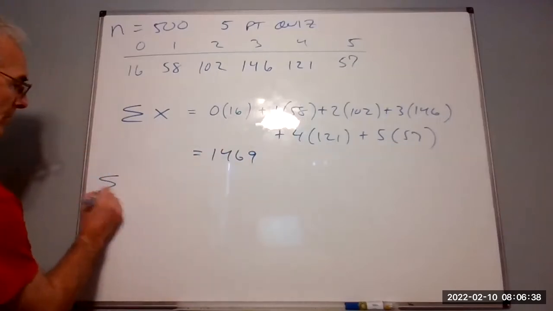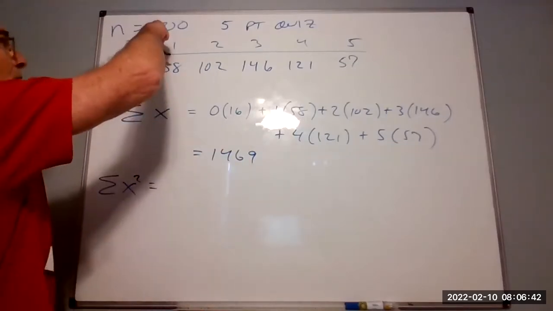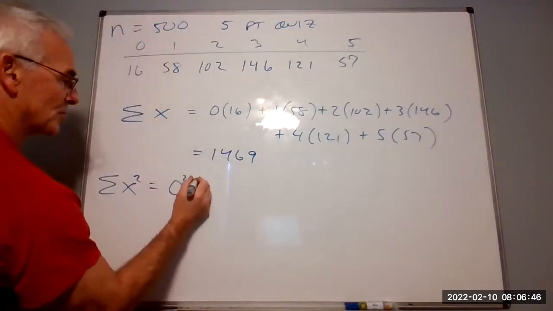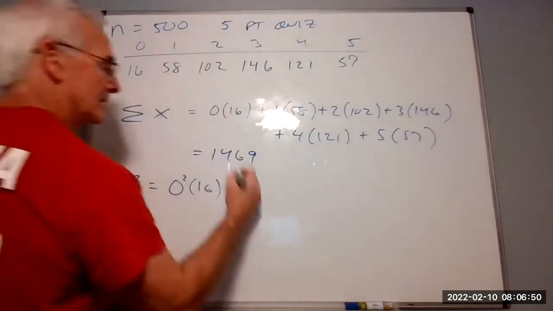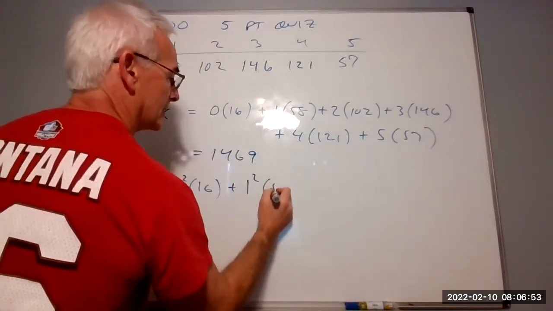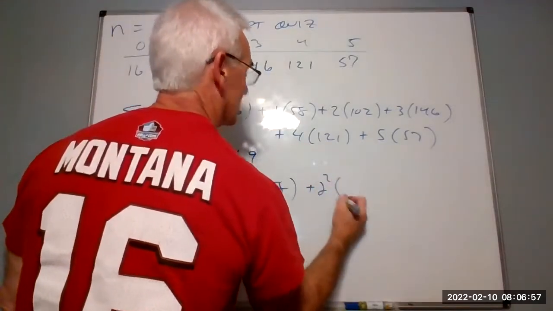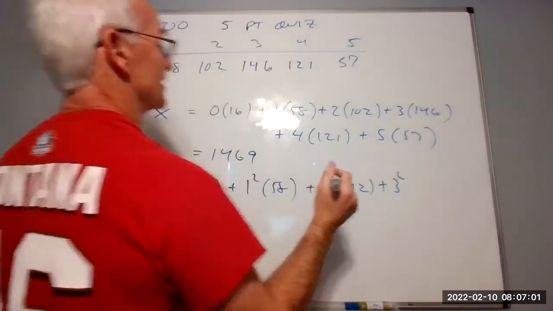Now let's do the sum of the squared scores. How do I do the squared scores? I'd say 0 squared plus 0 squared plus 0 squared, 16 times, or how about 0 squared times 16? Now I've got to do 1 squared plus 1 squared. How about 1 squared times 58? How about 2 squared times 102? I think you guys see the pattern here.